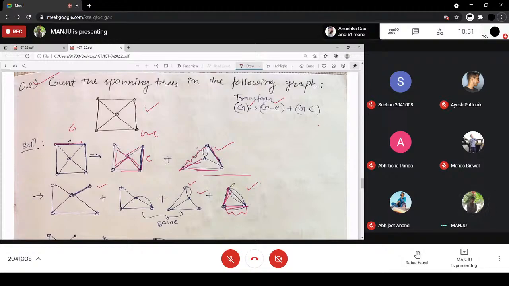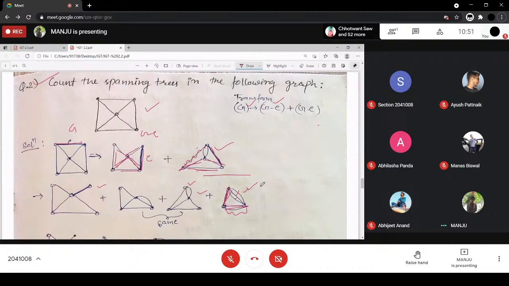Clear? These three will be forming a multi-edge or parallel lines, you can just say. These two are these two, and the third one is this one. Got it?